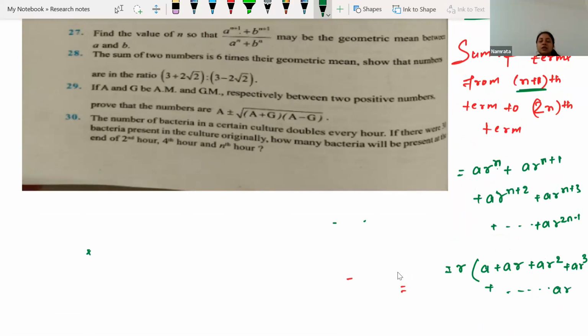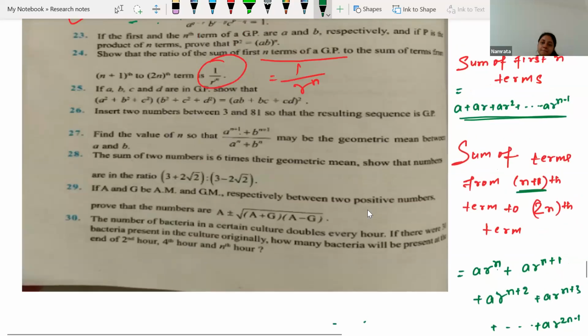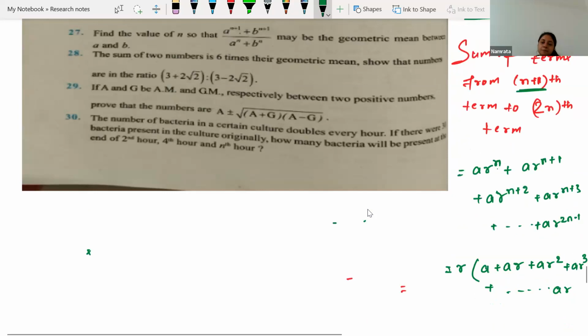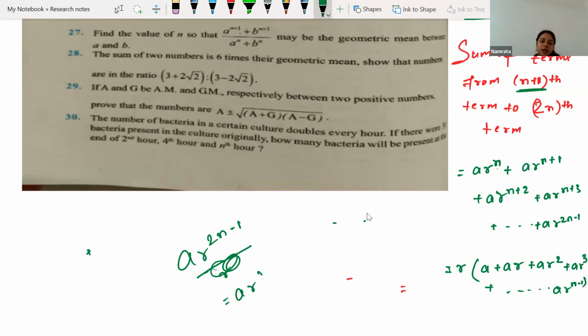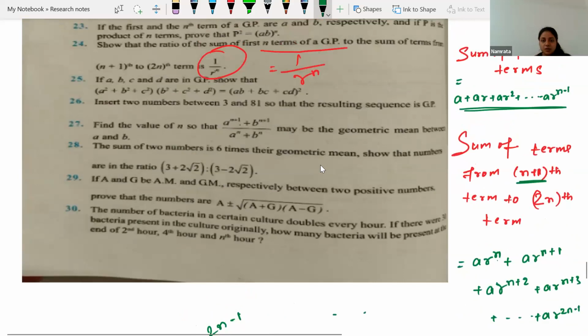One r we have taken common. From ar to the power 2n minus 1, if we take r common out, we can write it as ar to the power n plus n minus 1. So here we will be taking r common, or there we will be doing something. Let me check.